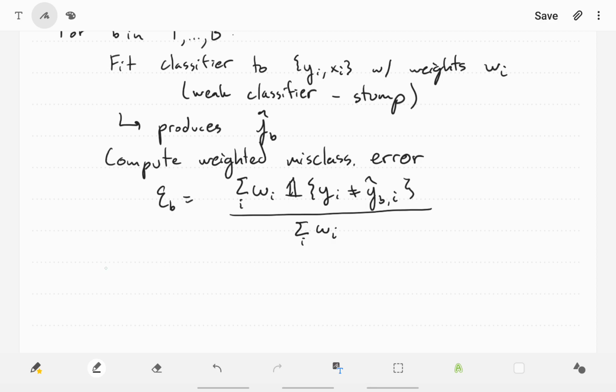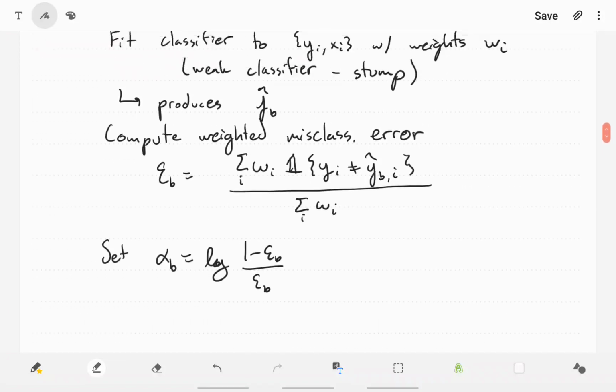Now we have to take this and set alpha sub b equal to the log odds of misclassification, which is 1 minus, or of correct classification actually, but still log odds.